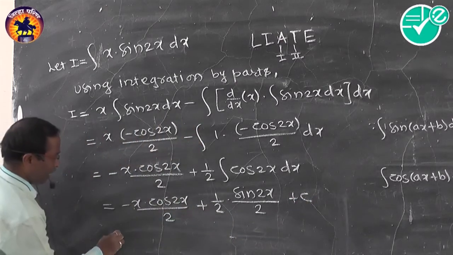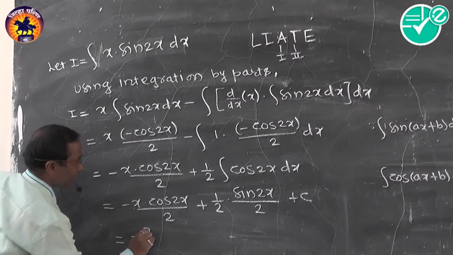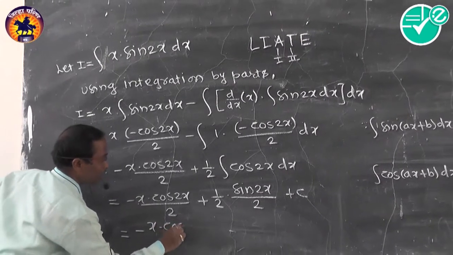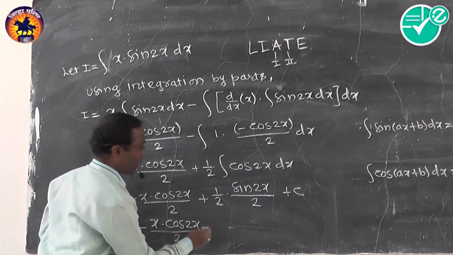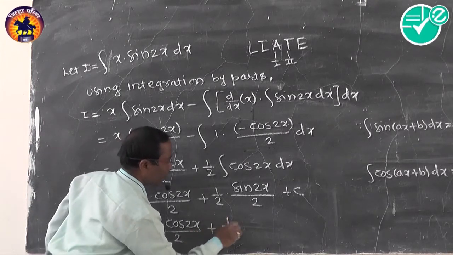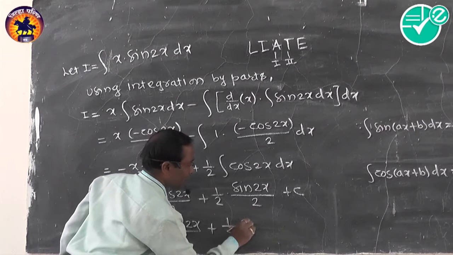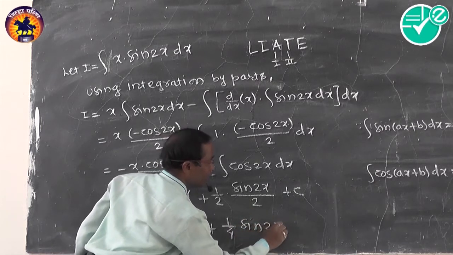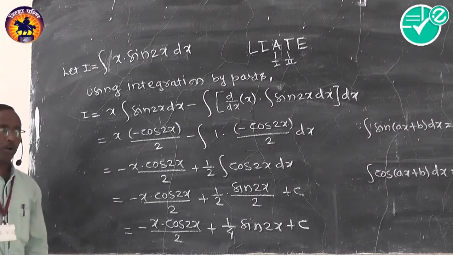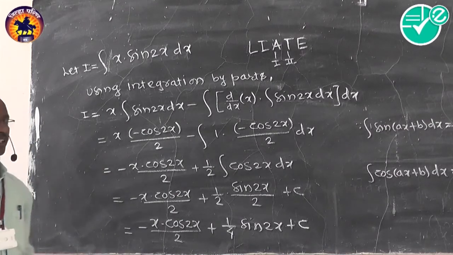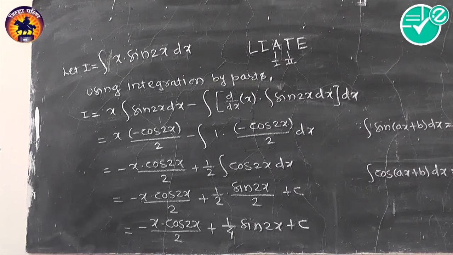So this can be written as minus x into cos 2x divided by 2 plus 1 by 4 into sine 2x plus c. So this is the integral of the given function x into sine 2x.